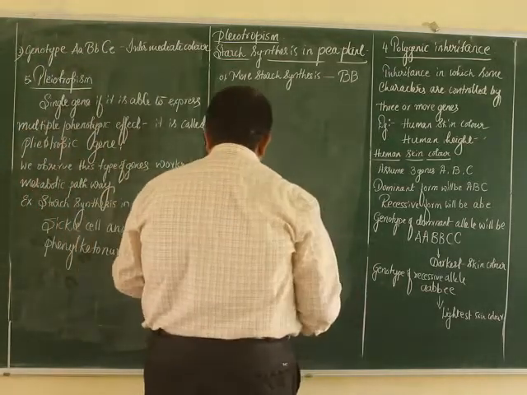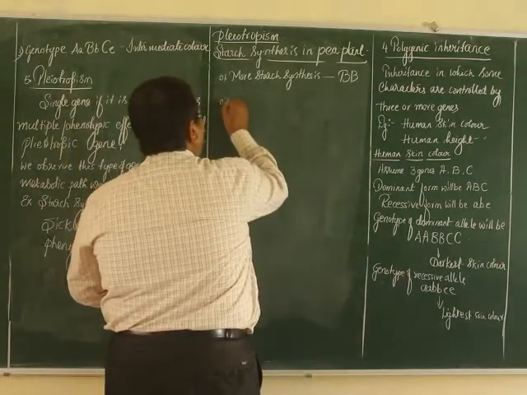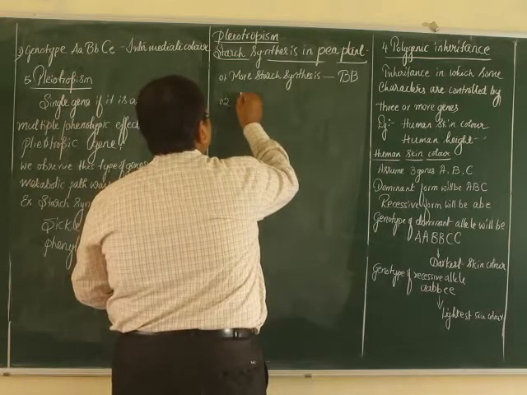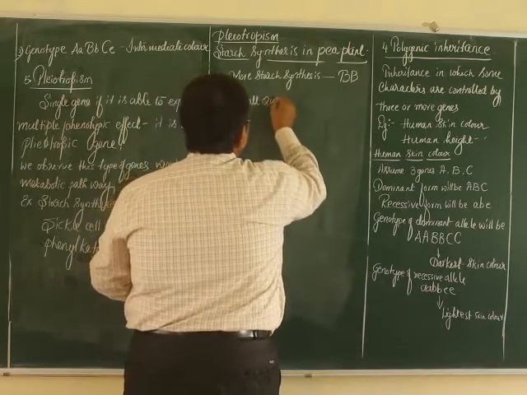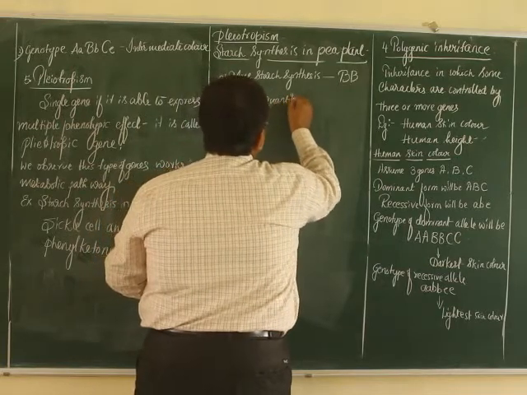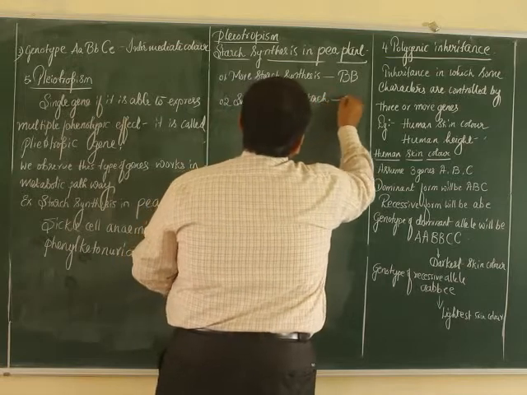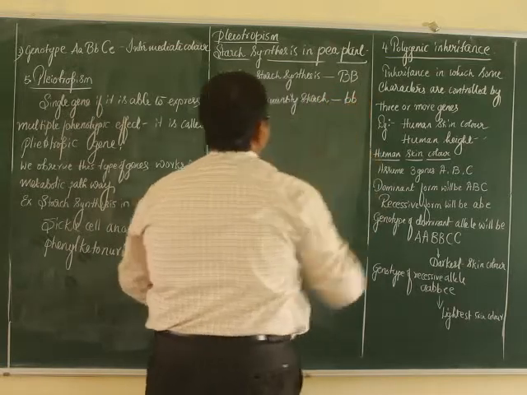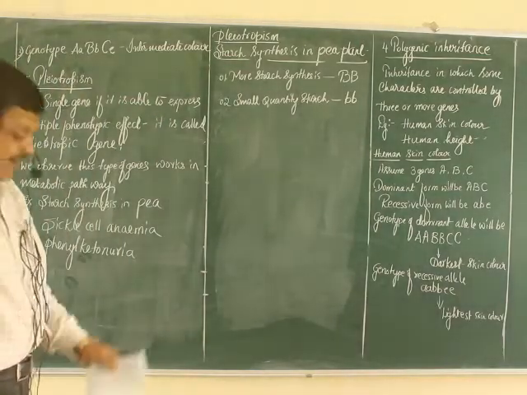Then a small quantity of starch will be produced when the genotype is small b.